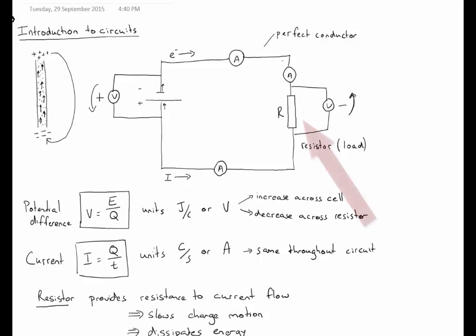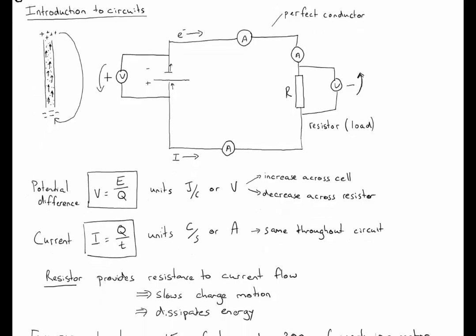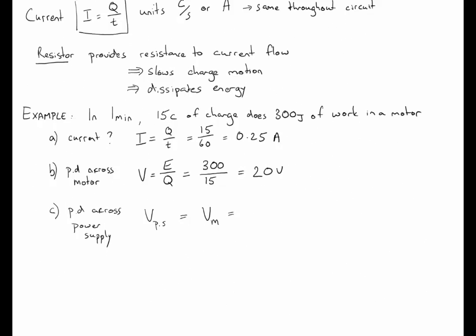It's lost 20 volts across here, and so on and so on. It goes around and around. So all the energy that the charges gain across the battery, they lose across the resistor. And this is a little bit conceptually hard to get a hold of, and we'll talk about it more in class. So just down here, the potential difference across the battery is the same as across the motor, so it's 20 volts.